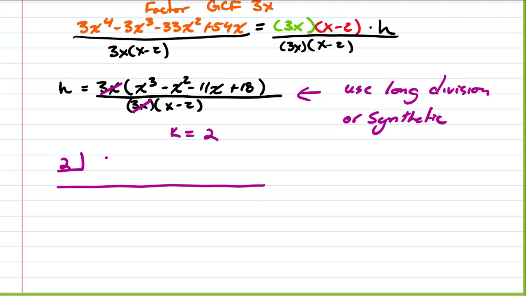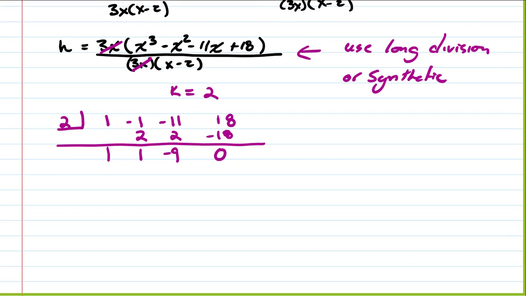And we set up our coefficients, 1, negative 1, negative 11, and 18. So we bring down the 1. 1 times 2 is 2. Negative 1 plus 2 is 1. 1 times 2 is still 2. Negative 11 plus 2 is negative 9. Negative 9 times 2 is negative 18. We add and we get 0.